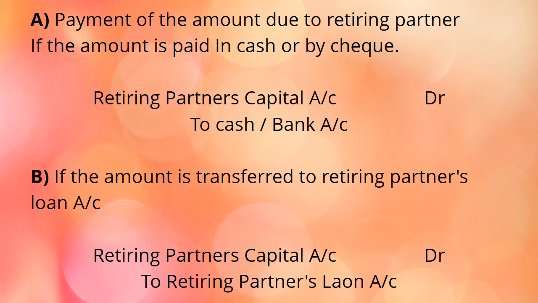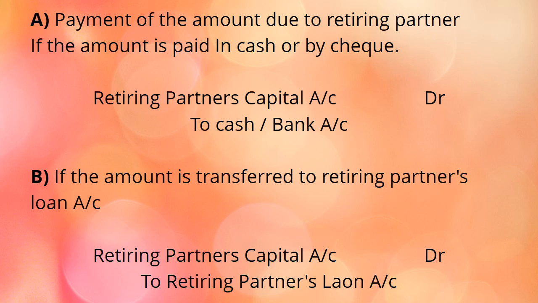B number, if the amount is transferred to the retiring partner's loan account. Whenever the word loan is given, it will be given to you very clearly in your question. It means now the amount will be paid afterwards.